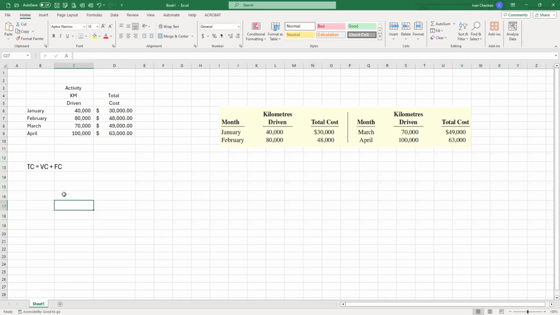Okay, so fixed cost is fixed cost. Fixed cost in total, so total fixed cost, doesn't change; it's constant.